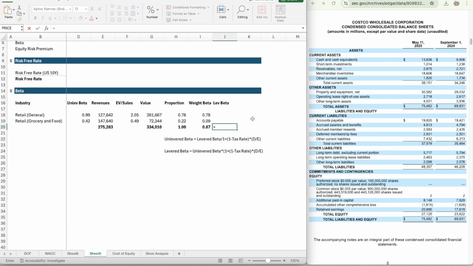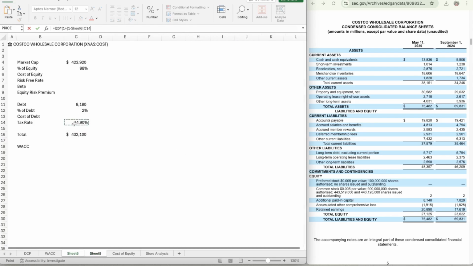So we take the unlevered beta multiplied by 1 plus 1 minus the tax rate, close brackets, multiplied by the debt divided by the, did I do that? Sorry, I've done that completely wrong.